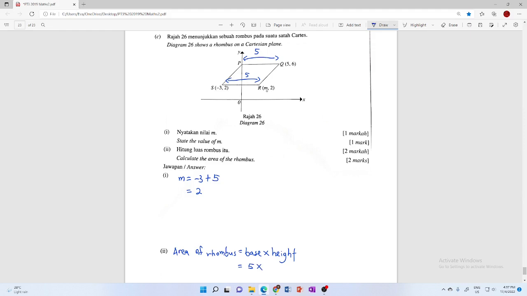And the height here, this is the length, and the height is this, which is 90 degrees vertically upwards. So the length here is 6 minus 2. Look at the y value. It is 6 minus 2, that's equal to 4. So 5 times 4 is 20. So 20 unit square.